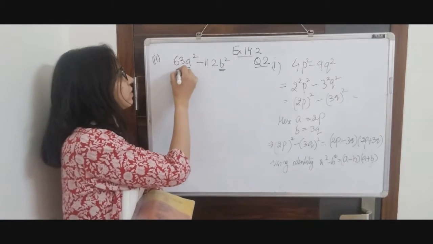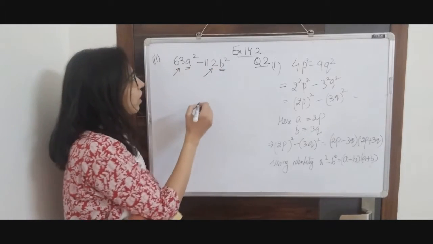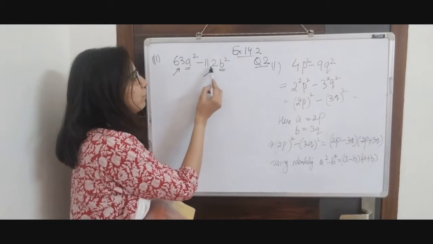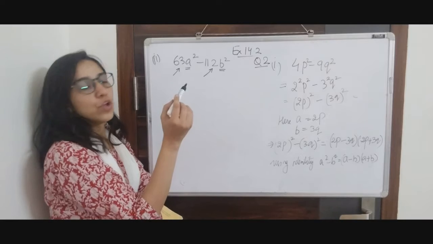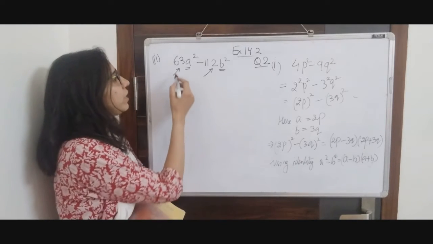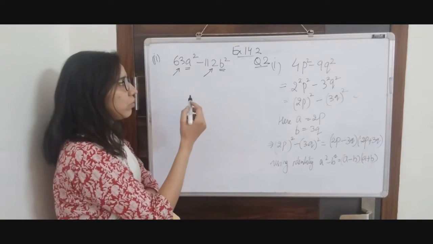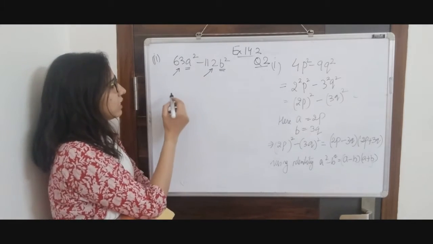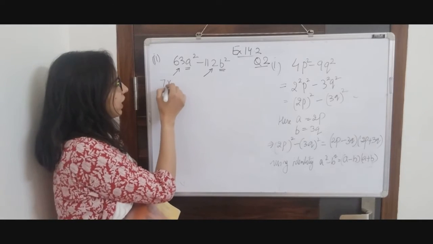But these numbers, these coefficients are not a square number. You know that 63 is not a square number and 112 is not a square number. So what we will do is we will take some number out. So, we will try to write these numbers as prime factorization.